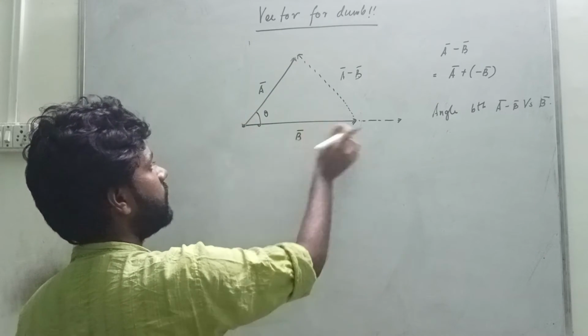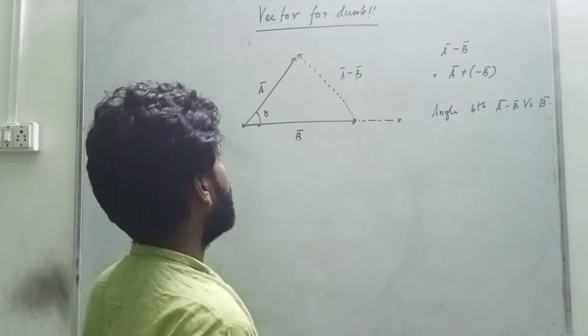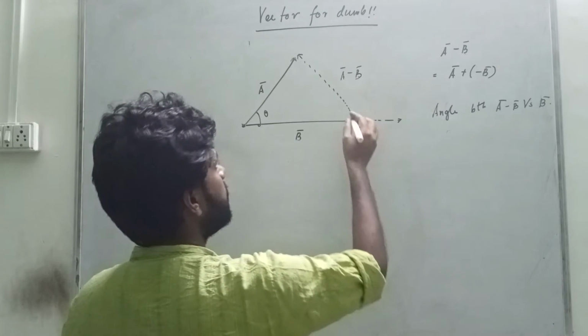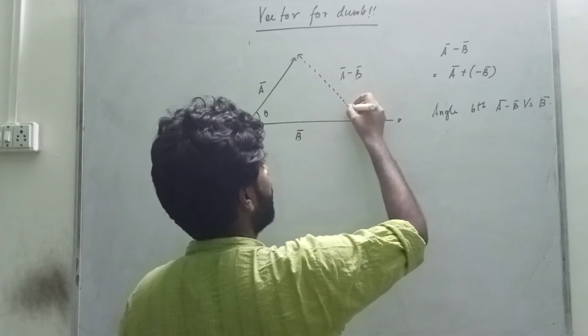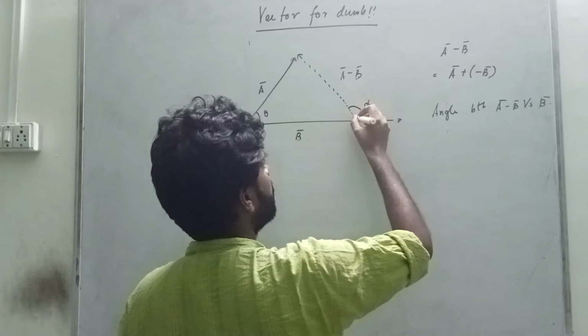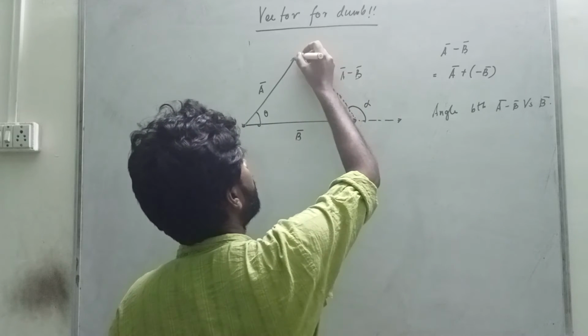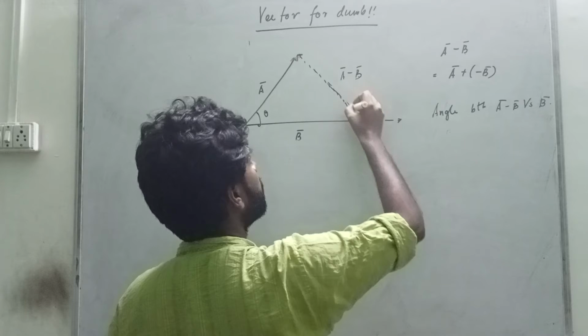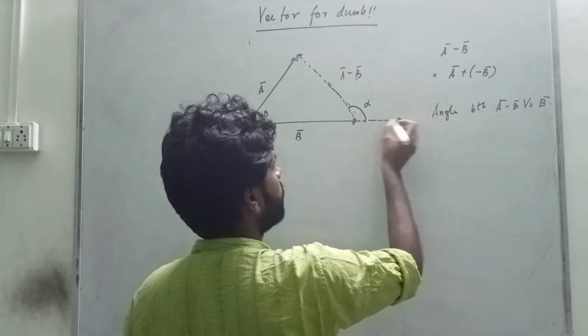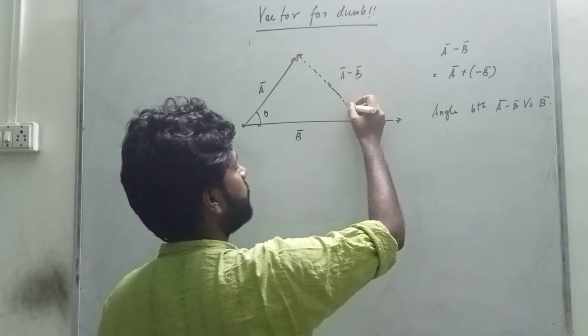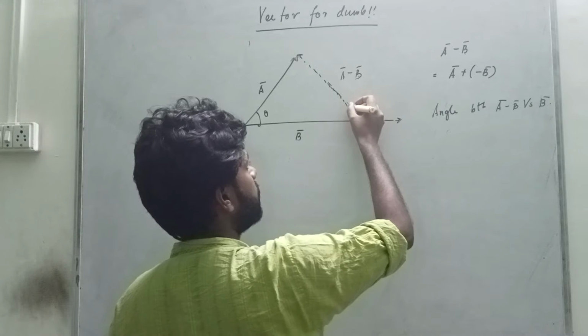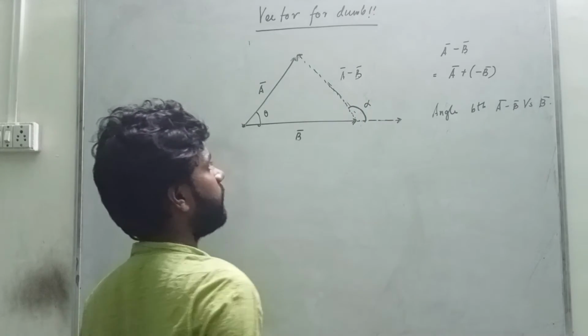If the angle between A and B is theta, then, just name it alpha, the angle in between A minus B and B, where the direction of B is there, is alpha.